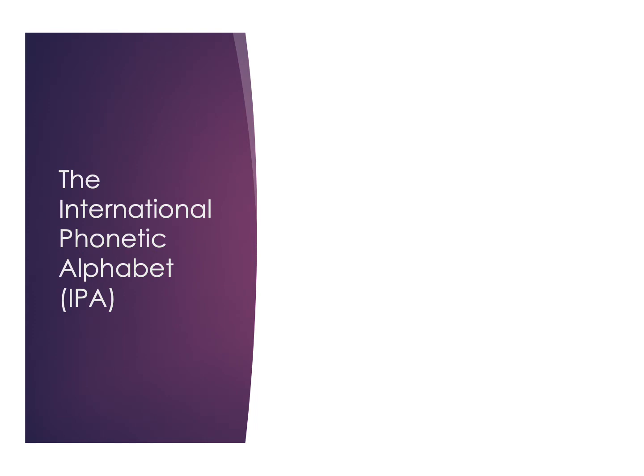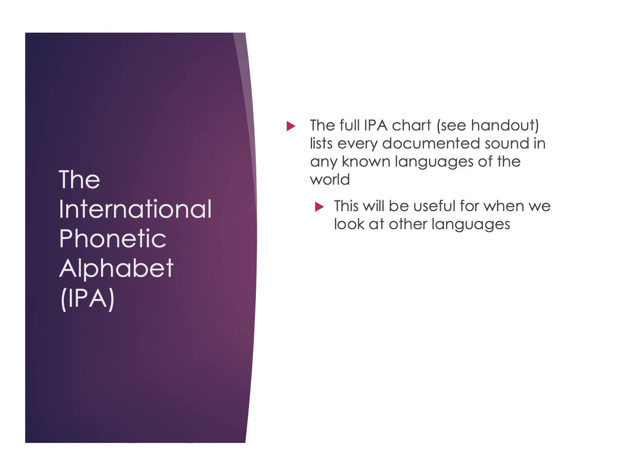So as we look through the IPA, you'll look at first the full IPA chart on your handout, which lists every documented sound in known languages of the world. This is something that you may look at and be possibly a little overwhelmed by. There's a lot of symbols on here. There's charts at the top, there's lists that are further down at the bottom. And this is useful when thinking about any language that's possible, any human sound that we've documented thus far in languages of the world.